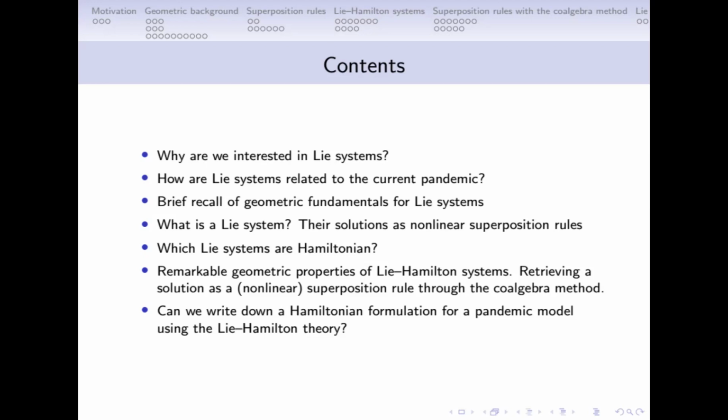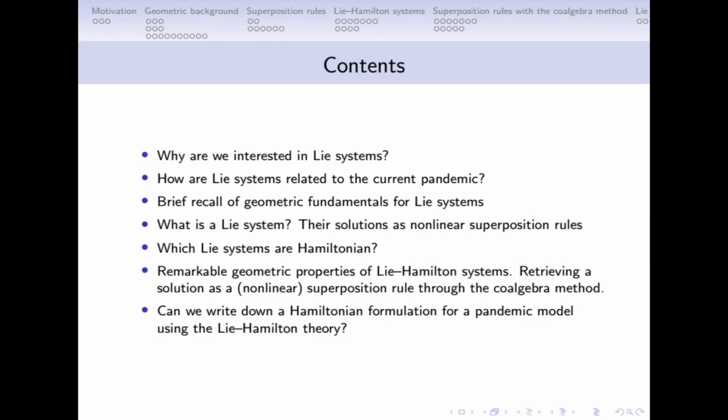And then some of these Lie systems are Hamiltonian, so that's putting even more geometry into them, because that means that we can take a look at them from the point of view of symplectic geometry and from the point of view of Poisson geometry. So we will review some remarkable geometric properties of these Lie systems that admit a Hamiltonian formulation.